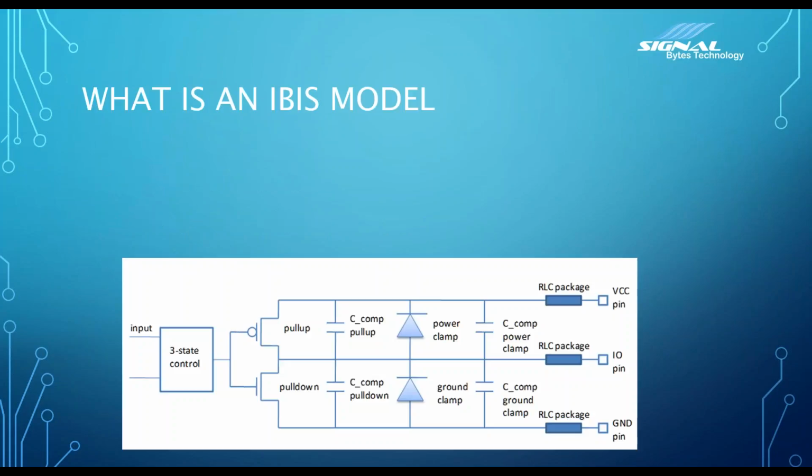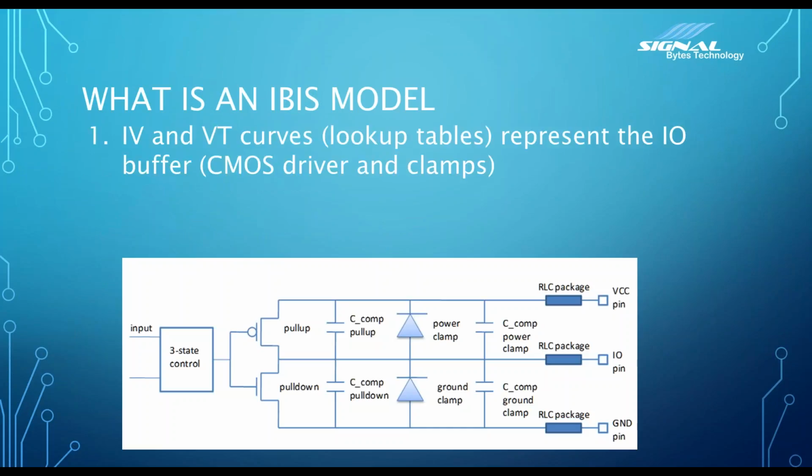So, an overview of an IBIS model. This is your classic block diagram of an IBIS model. We're showing a classic push-pull driver here. You've got a pull-up and a pull-down. Those are represented by some IV curves. You might have output clamp stages, your ESD structure, and then a simple RLC package.